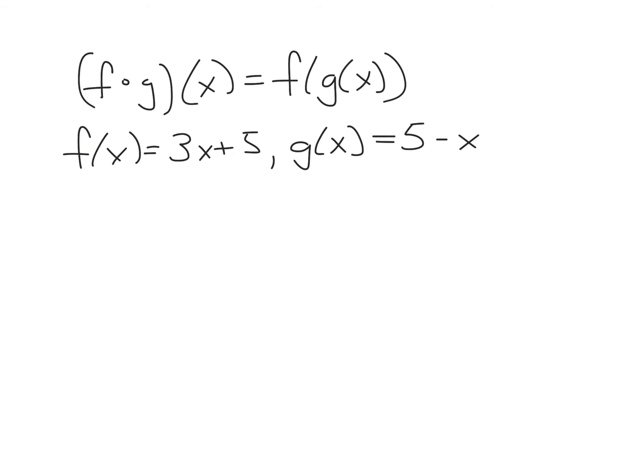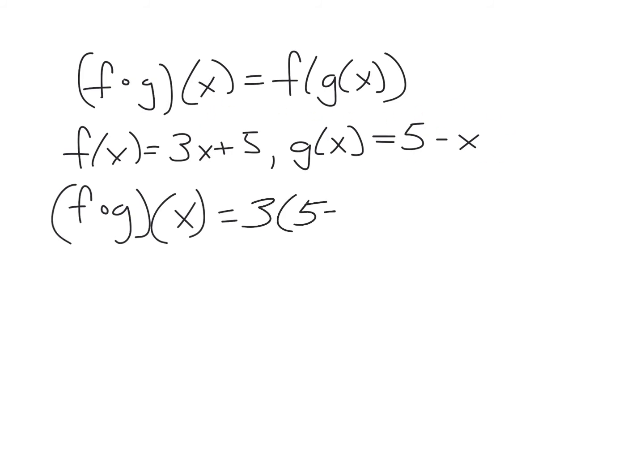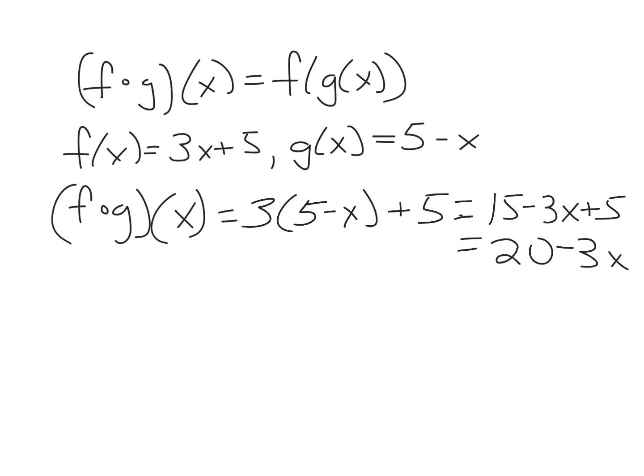So if I'm trying to find f of g of x of this, everywhere I see an x in the f of x function, I'm going to plug in whatever g of x is. And then I'm going to simplify. So I get 15 minus 3x plus 5, giving us 20 minus 3x.